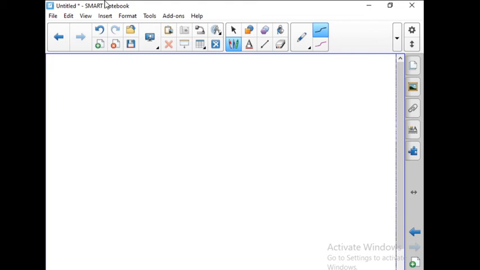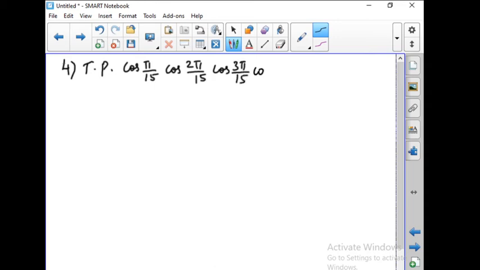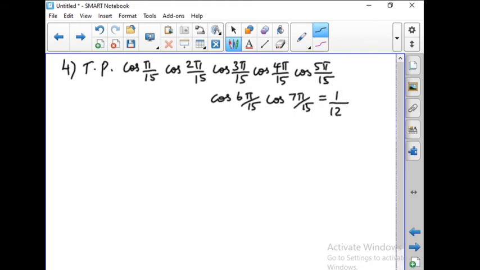Problem number 4, it is to prove, listen to the problem carefully: cos pi by 15, cos 2 pi by 15, cos 3 pi by 15, cos 4 pi by 15, cos 5 pi by 15, cos 6 pi by 15, cos 7 pi by 15 is equal to 1 by 128.